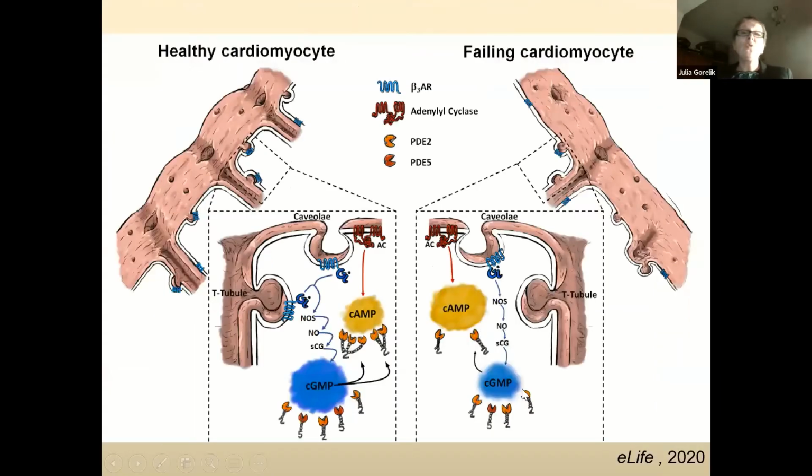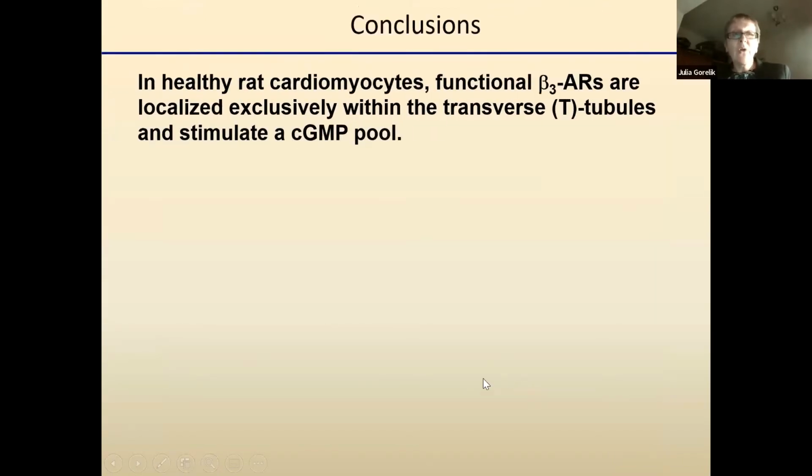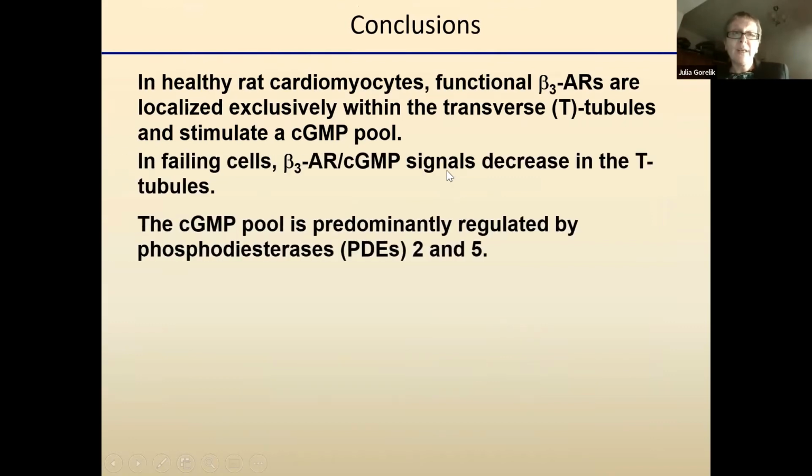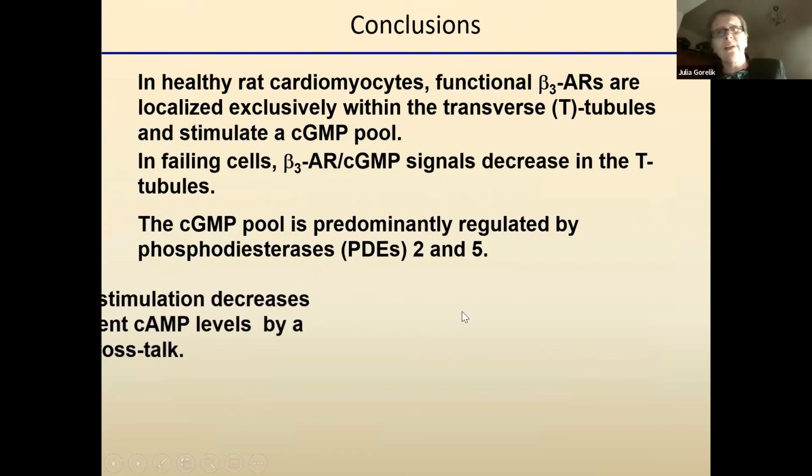So potentially this is our schematic, and we can conclude that in healthy cardiomyocytes, functional beta-3 receptor is localized exclusively within the transverse T-tubule and stimulates the cyclic GMP pool. In failing cells, the beta-3 adrenergic receptor cyclic GMP signal decreases in the T-tubules, and the cyclic GMP pool is predominantly regulated by phosphodiesterase 2 and 5.